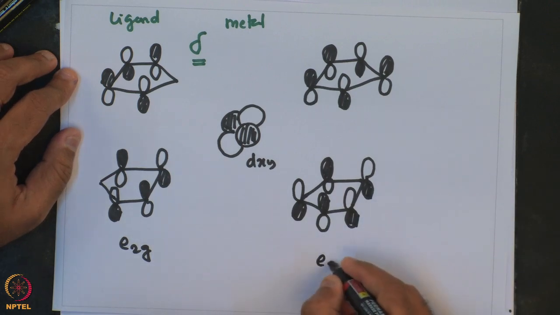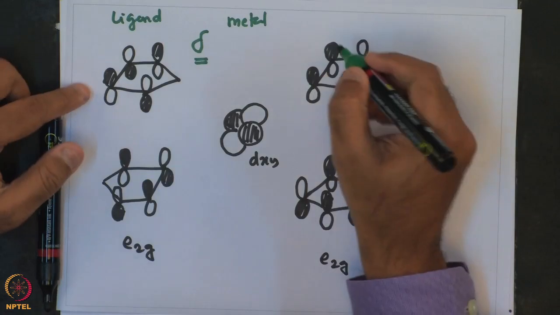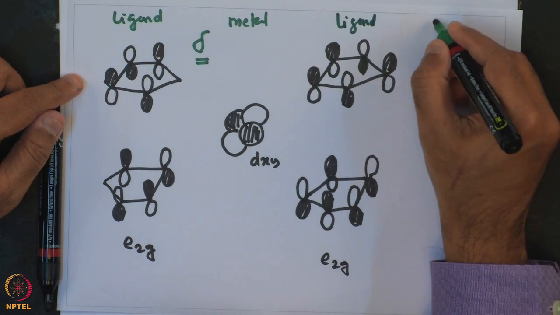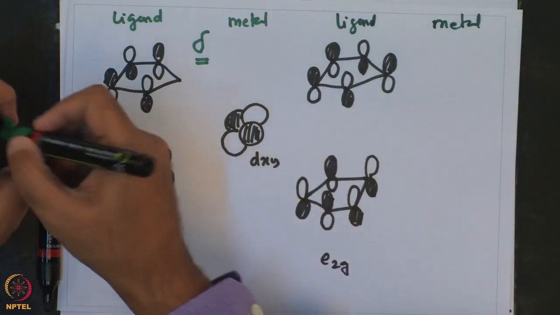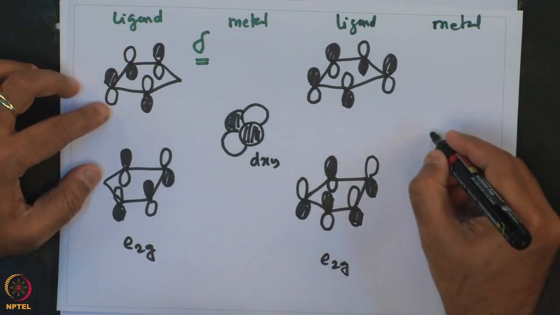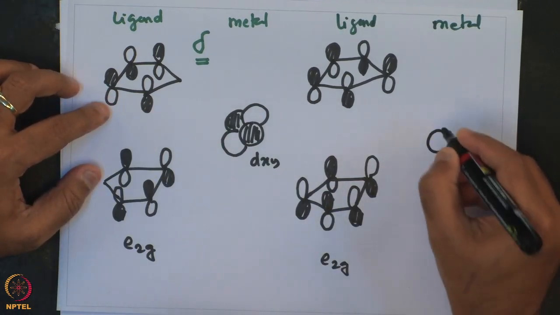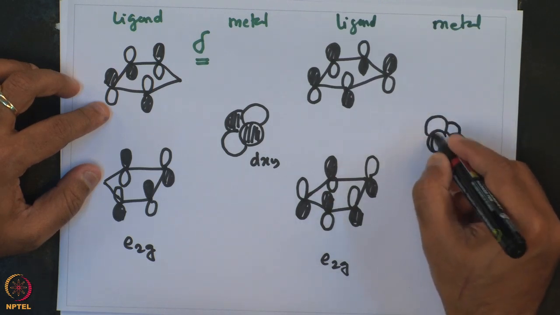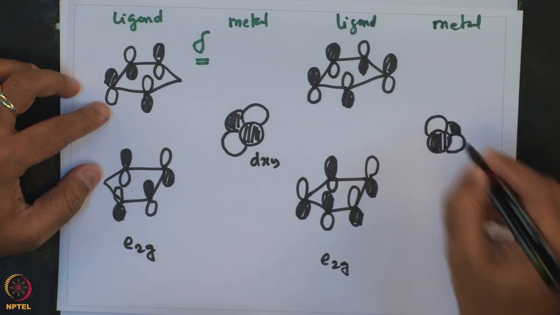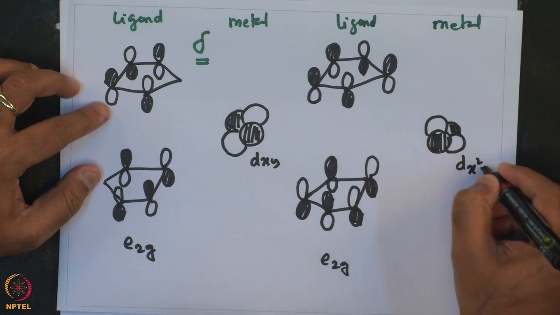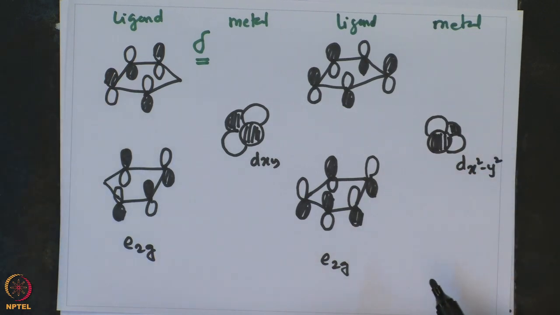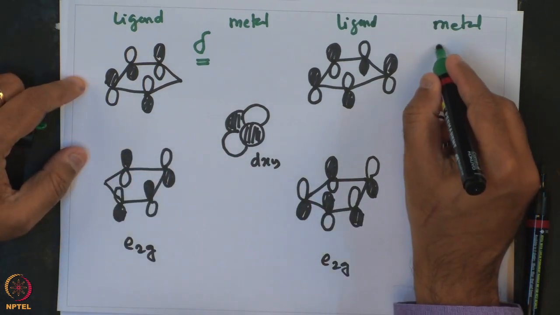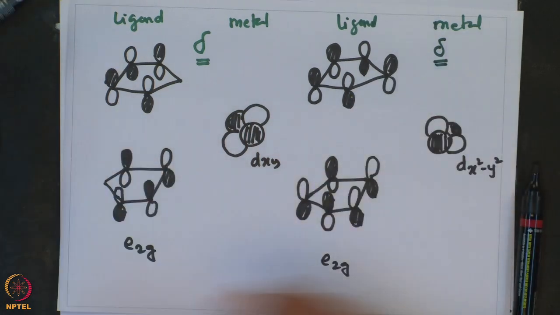So, this also is an E2g ligand orbital, and the metal orbital corresponding to that is dx square minus y square, and this interaction is also a delta interaction.